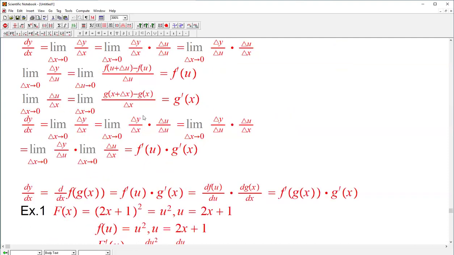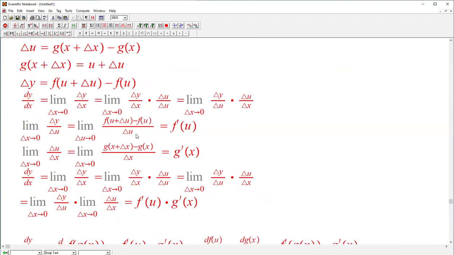Okay, look at the proof we have. Divided by delta x, divided by delta u, right? Divided by delta u, multiply by delta u, right? So we have this setting in our proof right here.